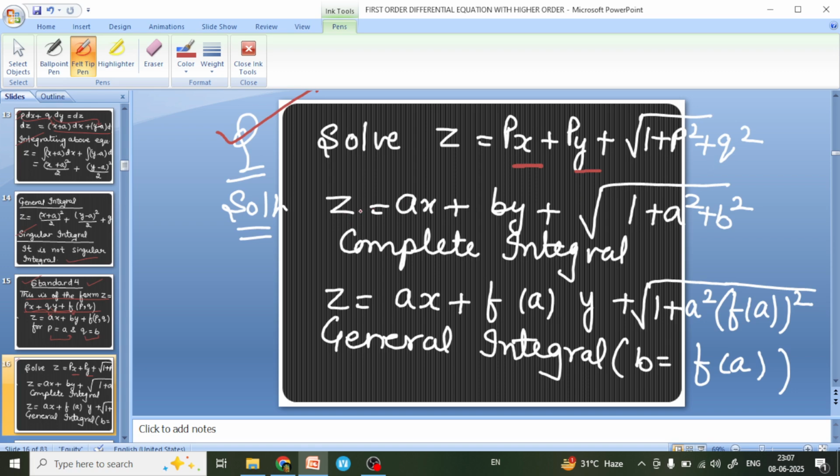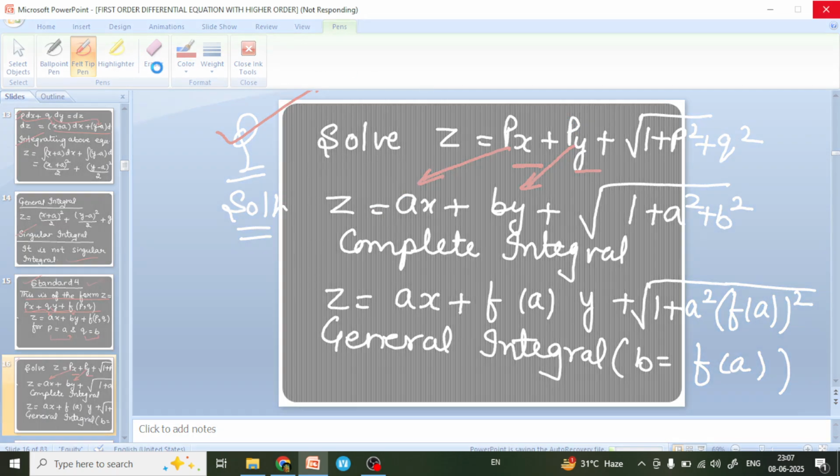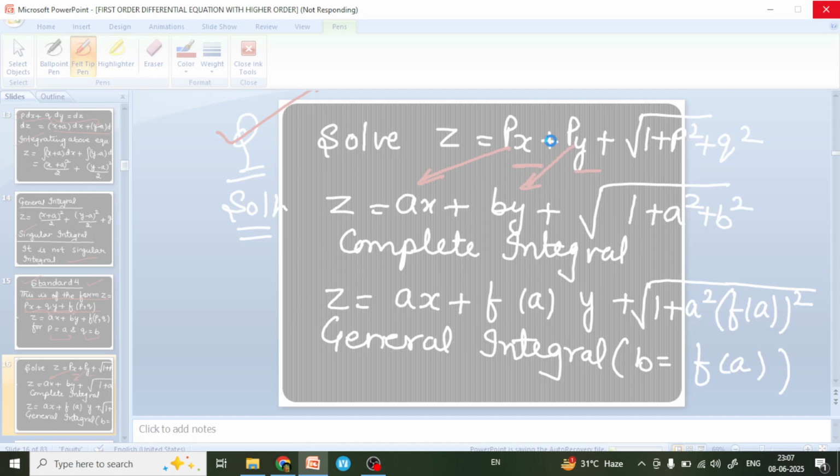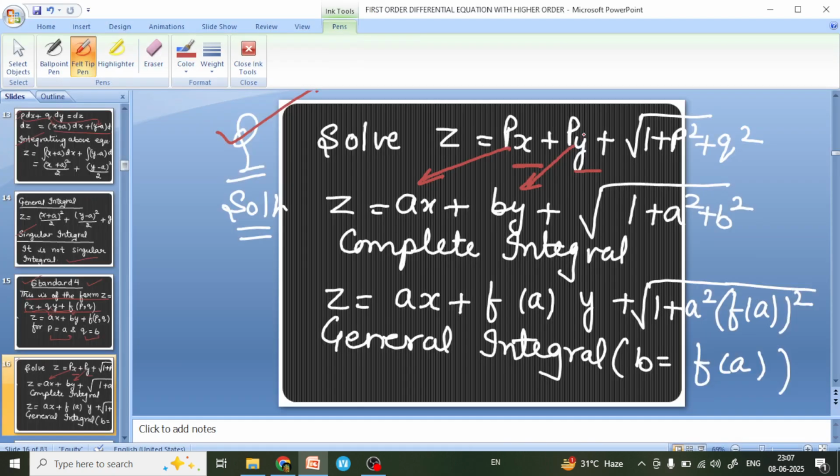Now we will put z is equal to ax plus by plus square root of 1 plus a square plus b square. It's a minor mistake, it will be here q, this is q.